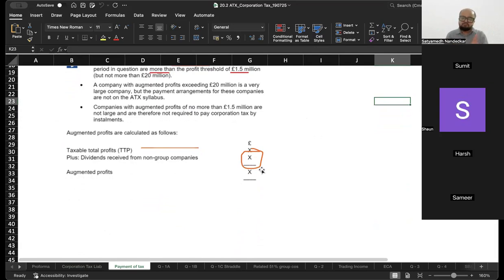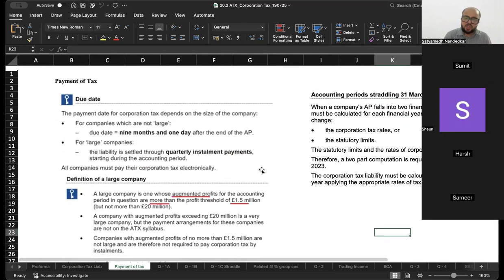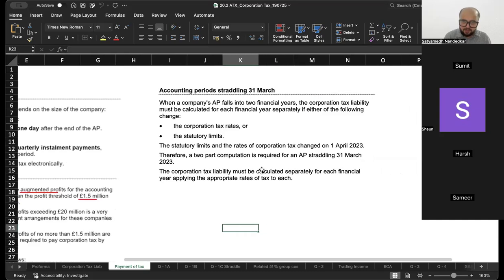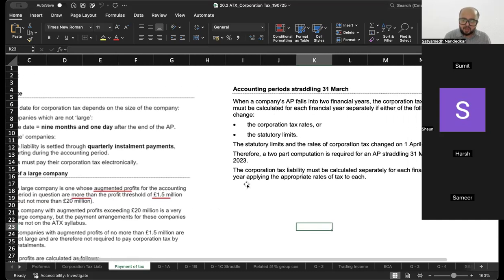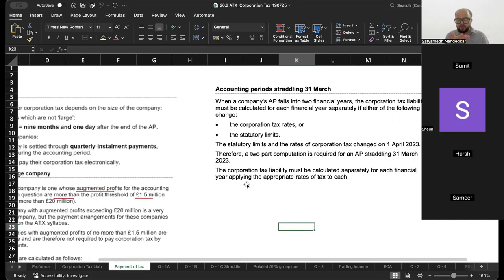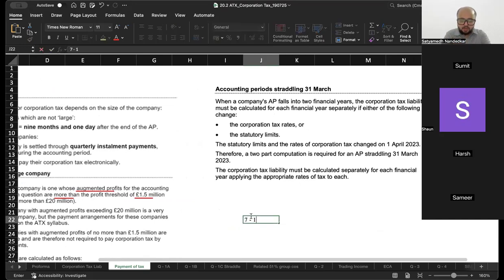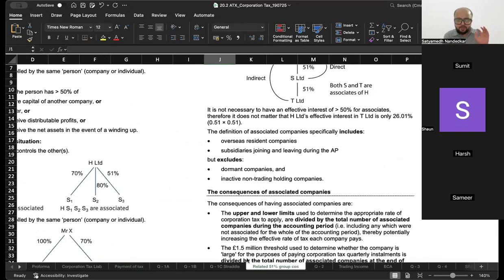If this value is more than 1.5 million, then the quarterly payment happens in installments. 4 equal installments में आपको देना है. Now these installments are due in month 7, 10, 13, 16 from the start of the accounting period. That is something that you will have to keep in mind.